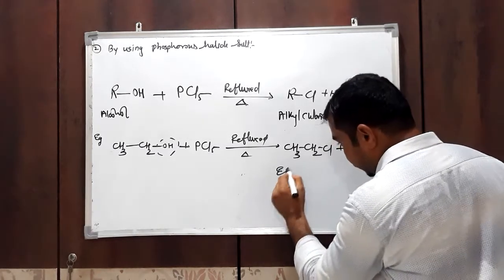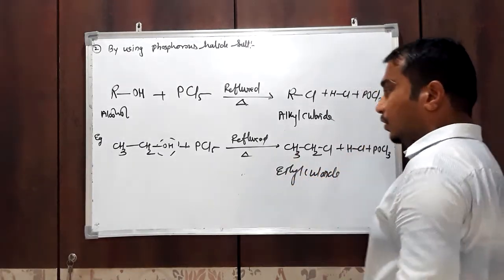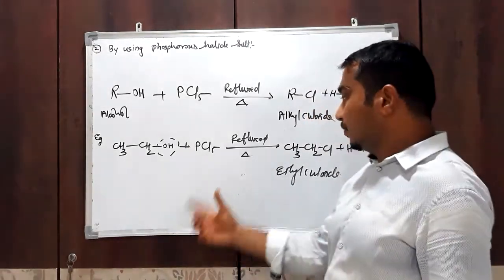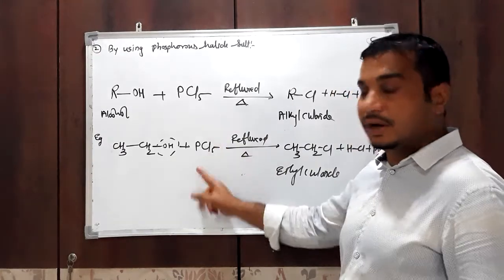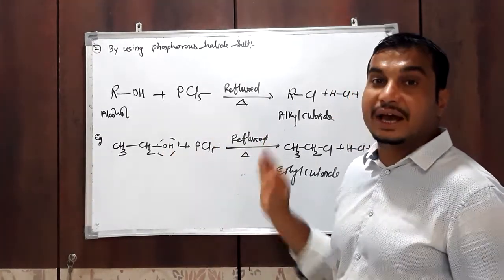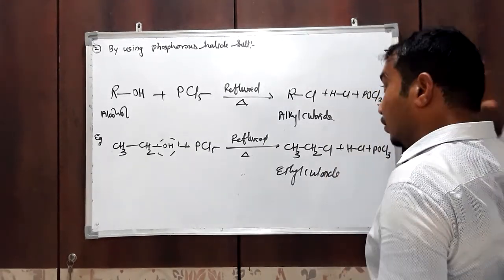So, ethyl chloride. We only take the alcohol and react it with PCl5. Reflux means heating. There is only replacement of the OH group by a Cl atom. Very simple. Ethyl chloride.